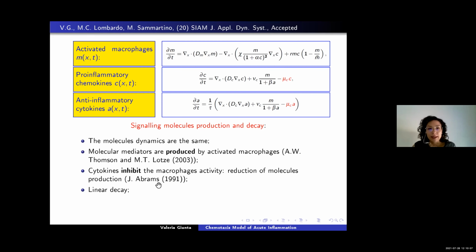These are 2 linear decay terms. And finally, this parameter here is very important. Tau is always greater than 1, and describes the fact that the cytokine dynamics follow a slower time scale than the pro-inflammatory agent. We will see that this parameter is very important for the dynamics of the system.